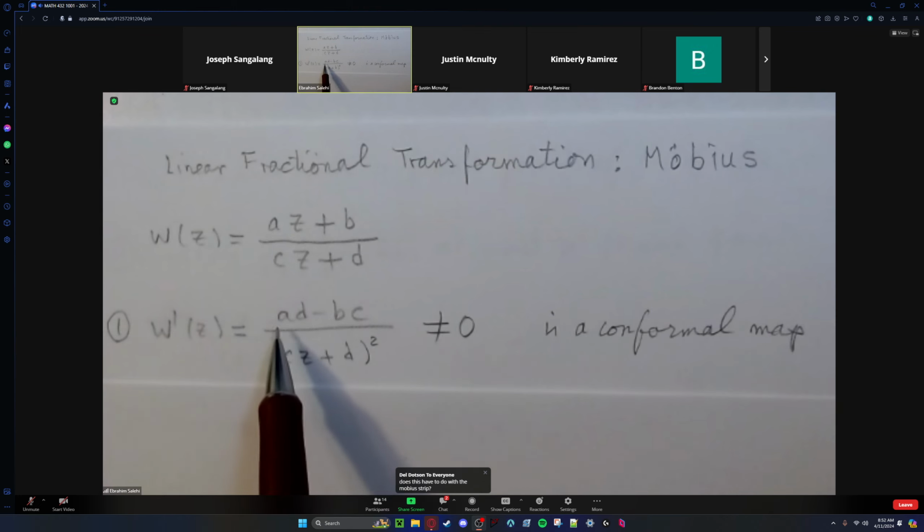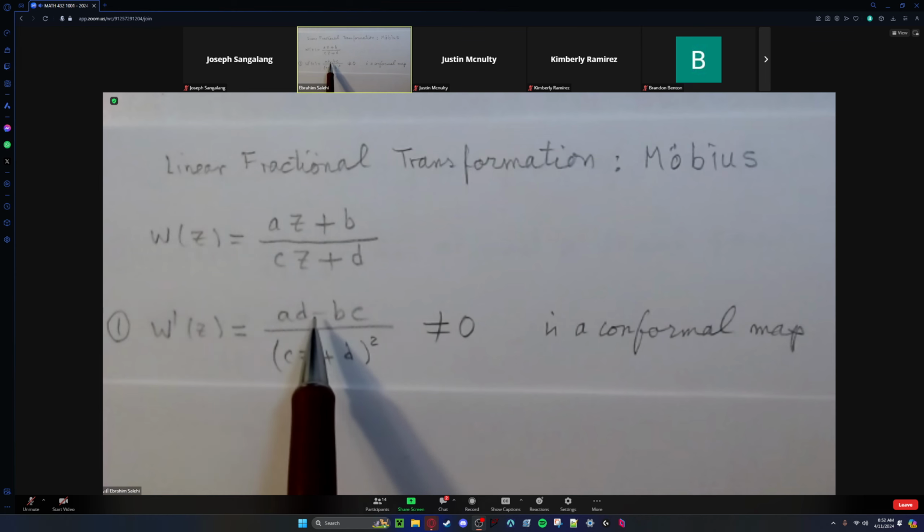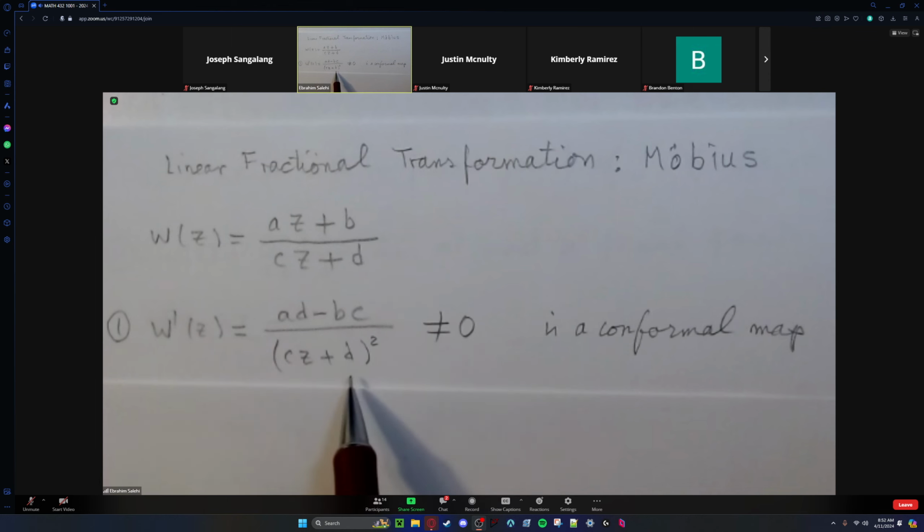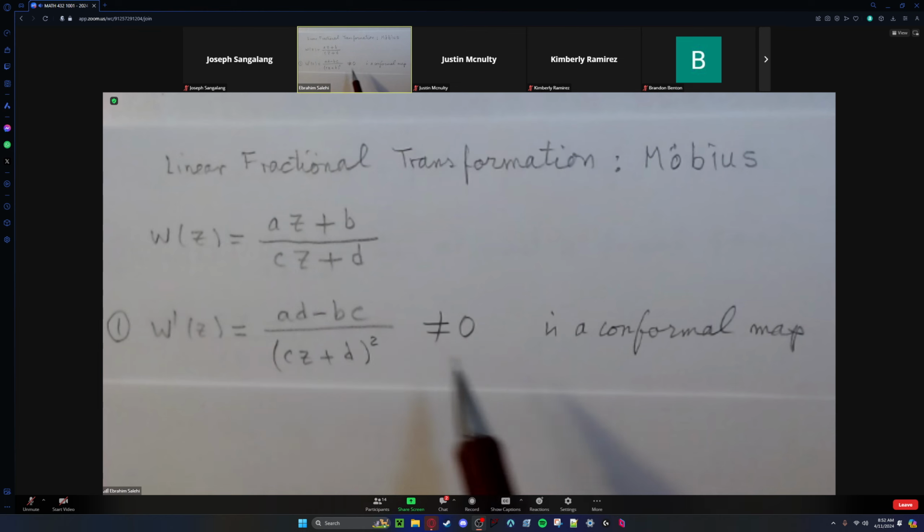And remember, we said AD minus BC is not zero, so the derivative is never zero. When the derivative is not zero, the function as a mapping is a conformal mapping. That's the first observation. It's always good to take the derivative and see if the function is conformal or not. So this function is conformal.